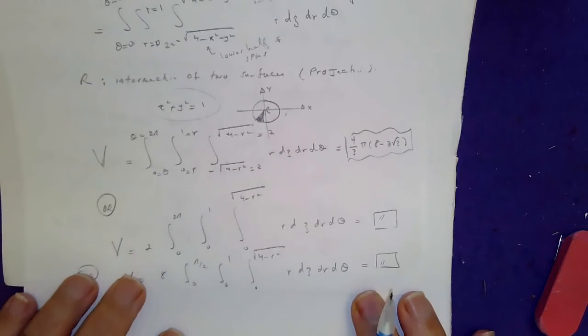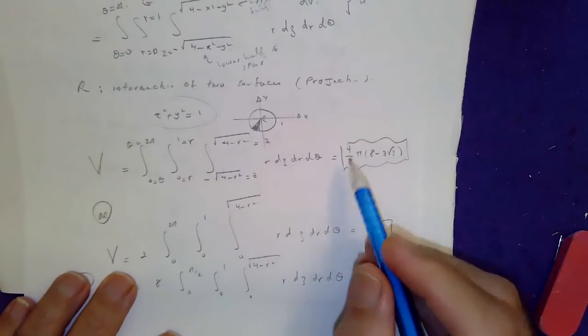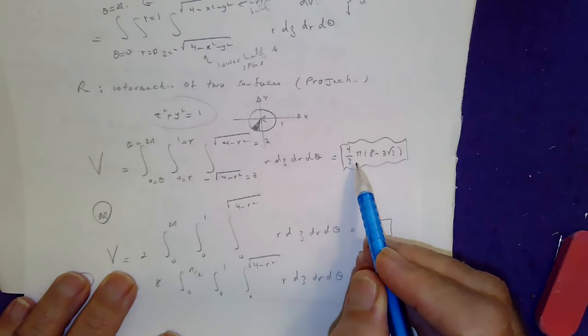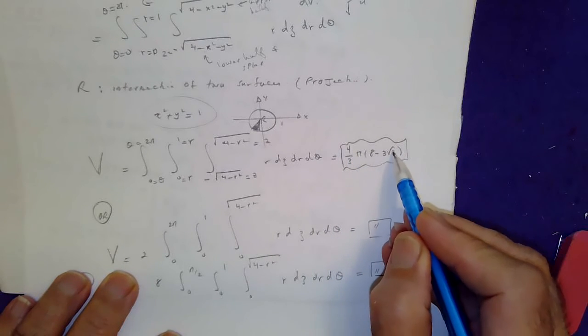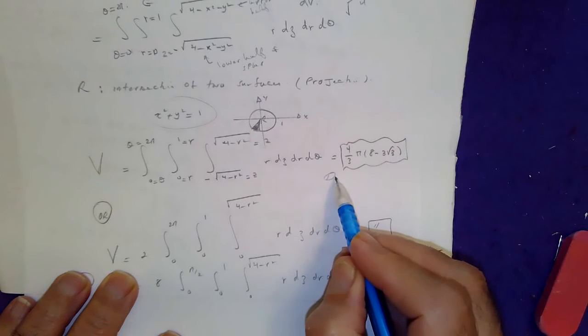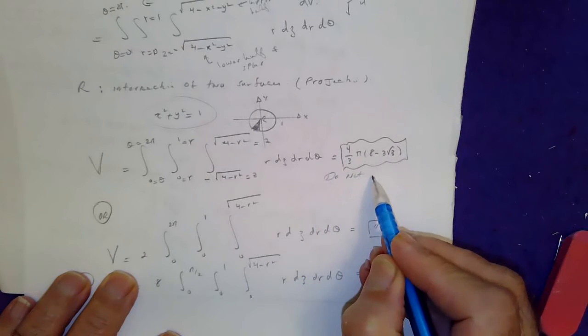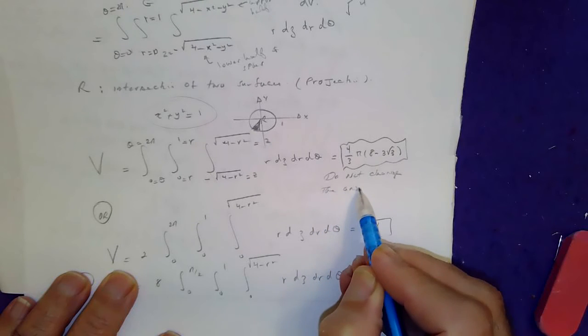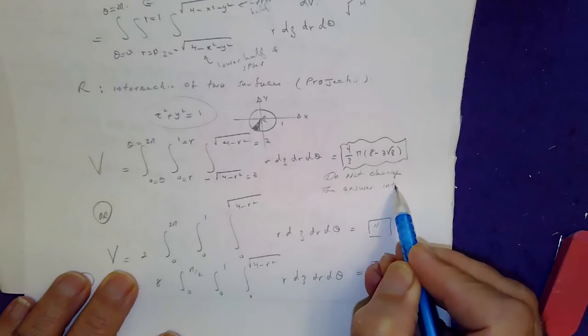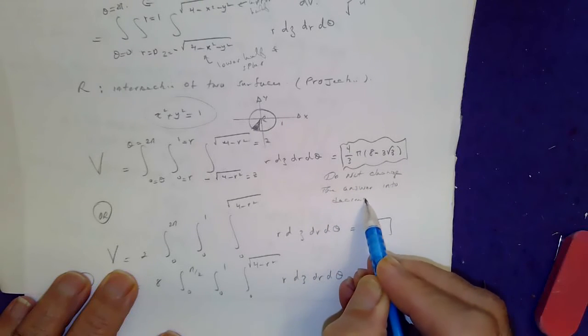So now, if you evaluate this, you get an answer which is like 4/3 of pi times 8 minus 3 square root of 3. Once again, do not change the answer into decimals, okay?